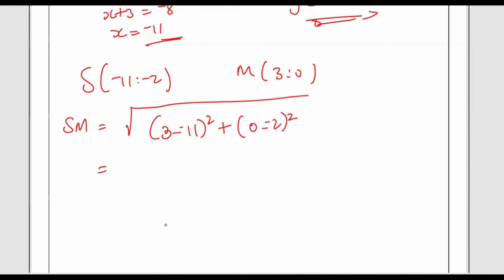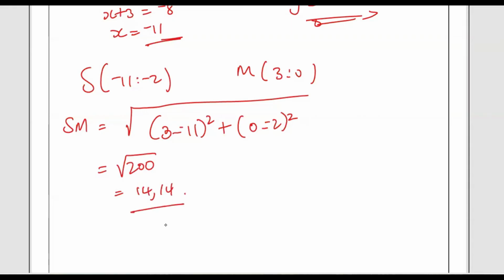Good. So this is going to be 14 squared plus 2 squared, which gives me 200. Then the square root of 200.